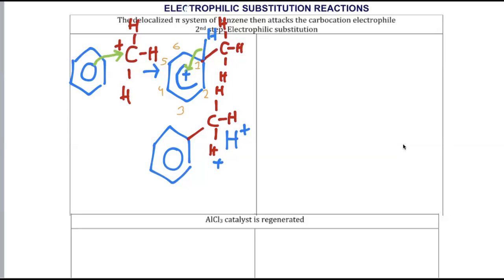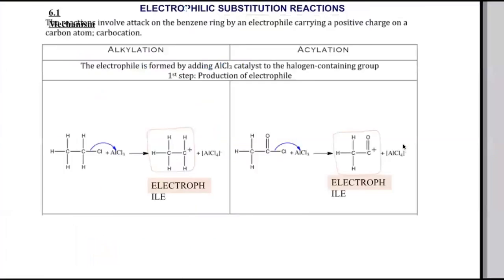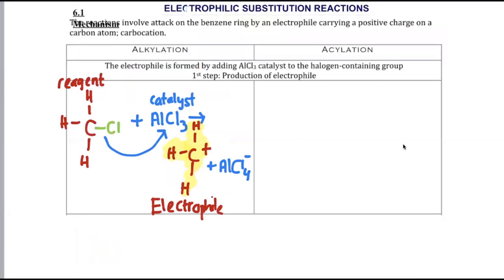The last step is the regeneration of your catalyst. The H plus from this part will react further. If you look at step 1, you see your other product, which is AlCl4 minus.